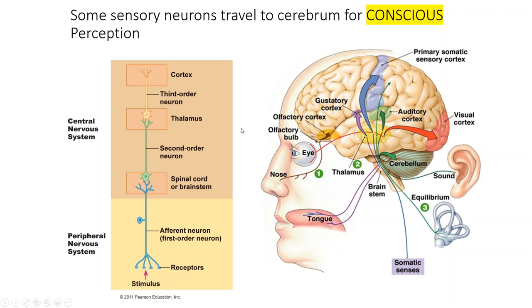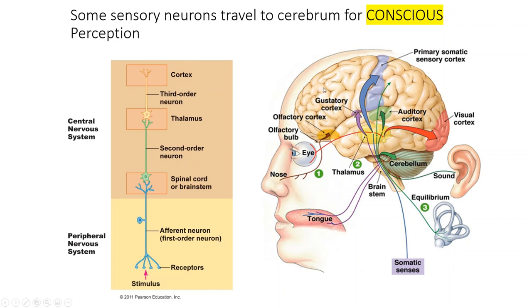And so you have a stimulus that is taken up by a receptor here in the peripheral nervous system, and typically there are several neurons through which this stimulus travels before it arrives to the cortex. So if the stimulus arrives to the cortex, then we talk about conscious perception.